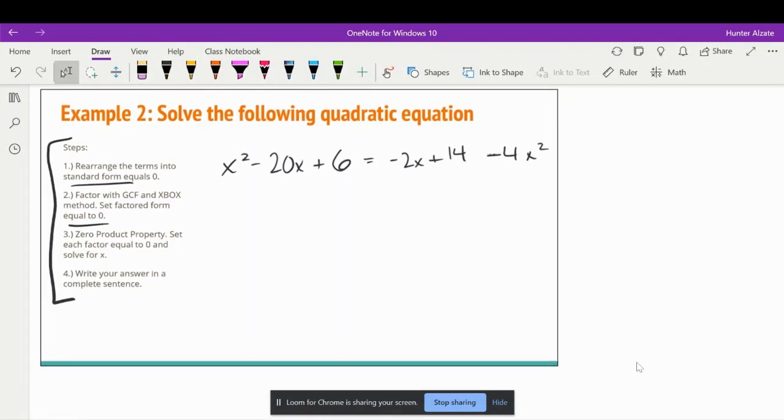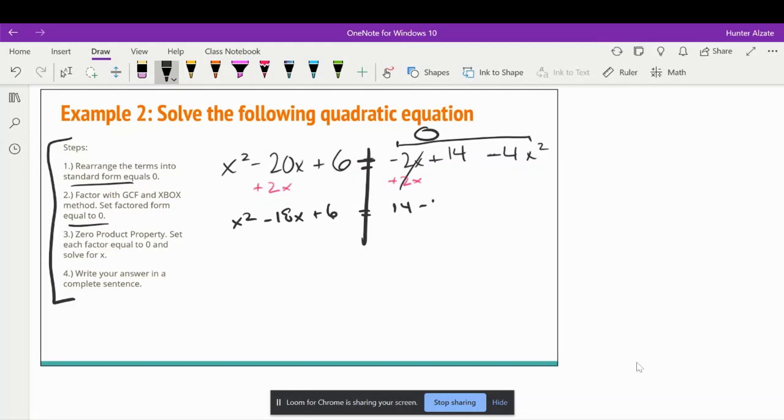So I first want to rearrange the terms. So I want to make this equal to 0. So I want all this to be equal to 0. So I'm going to have to do just one by one. Plus 2x plus 2x. So I have x squared minus 18x plus 6 equals 14 minus 4x squared.